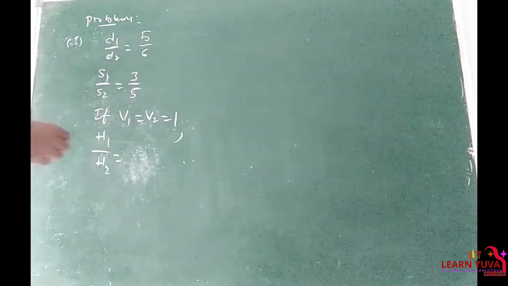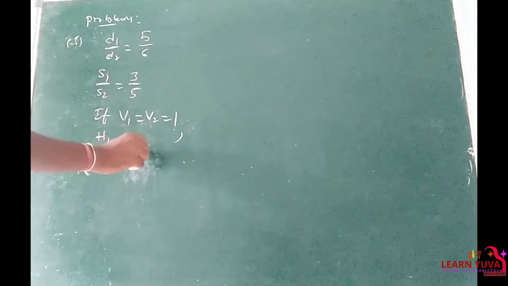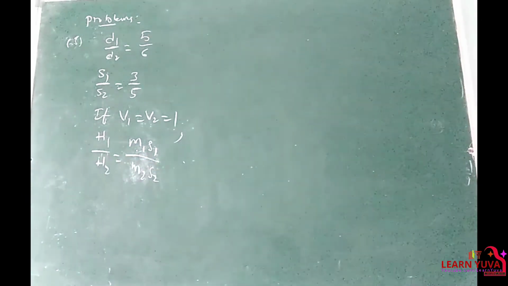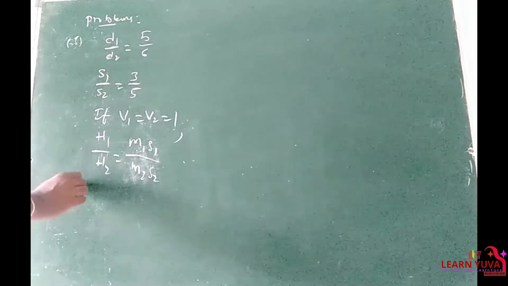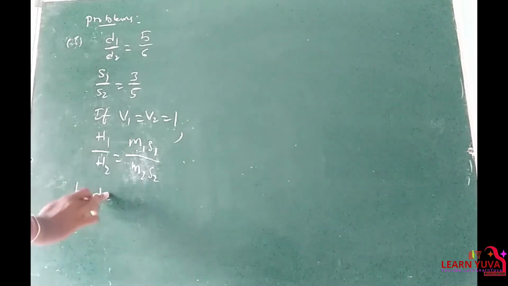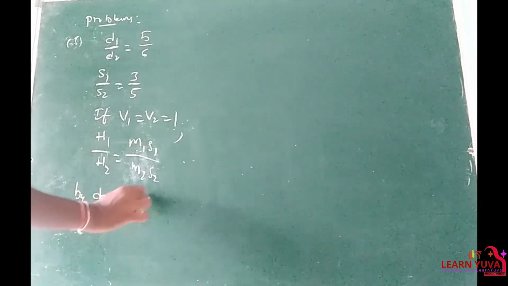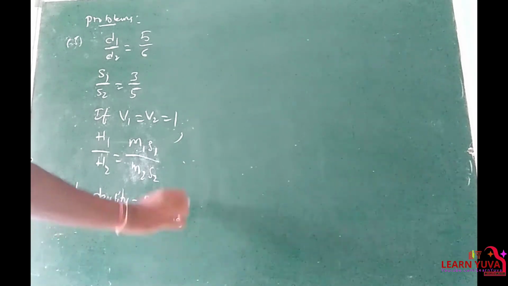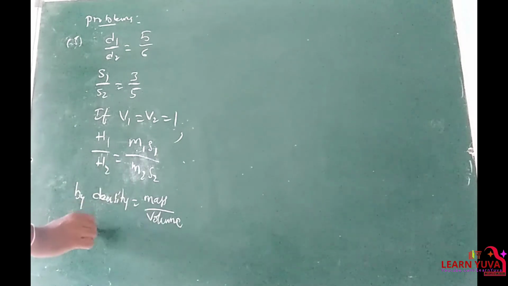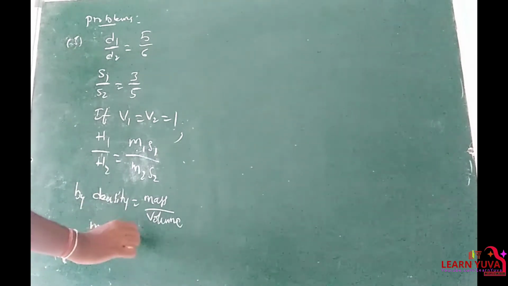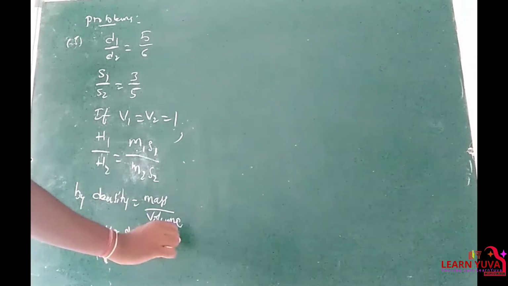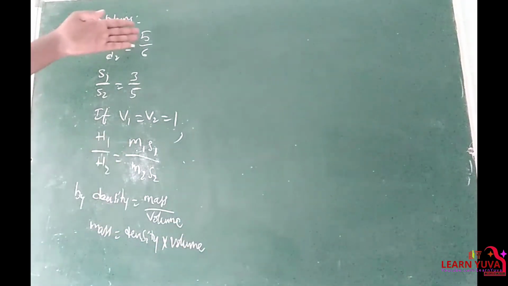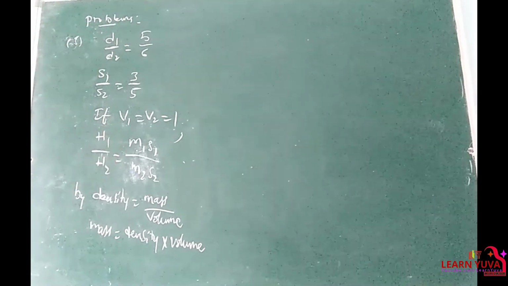So H1 is equal to M1S1, H2 is equal to M2S2. Right? And by density formula, density is equal to mass by volume. So mass is equal to density into volume. Clear? Instead of mass, we have to write the densities because the mass is not given.